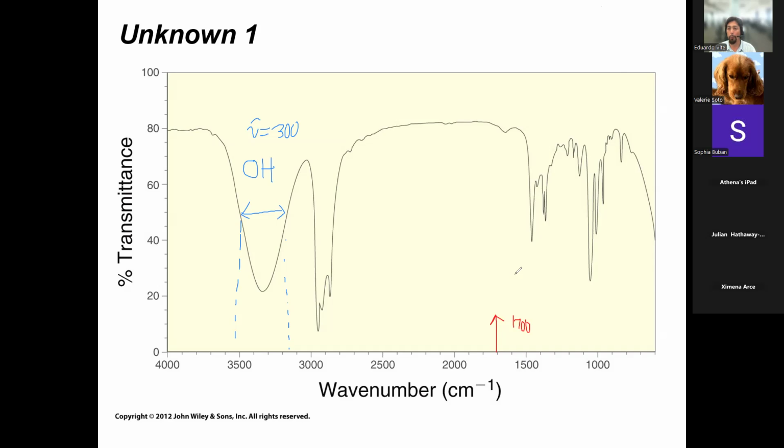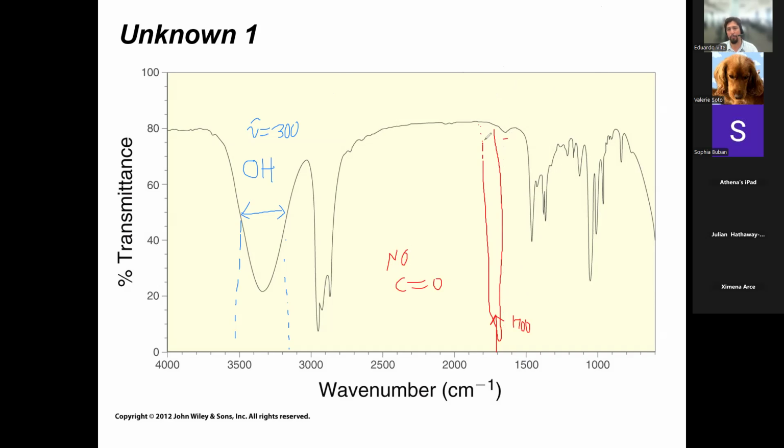That's right. No peaks at 1700. If there was a carbonyl, it would look like this. Something like that. Very strong peak. It is not there. There are no carbonyls, and therefore, it cannot be a carboxylic acid. It must just be strictly an OH, a regular hydroxide, a regular alcohol.